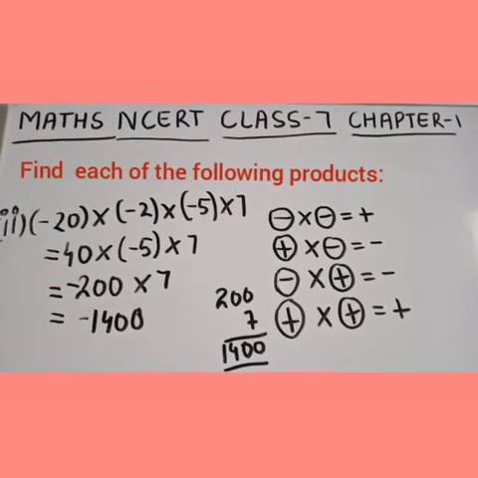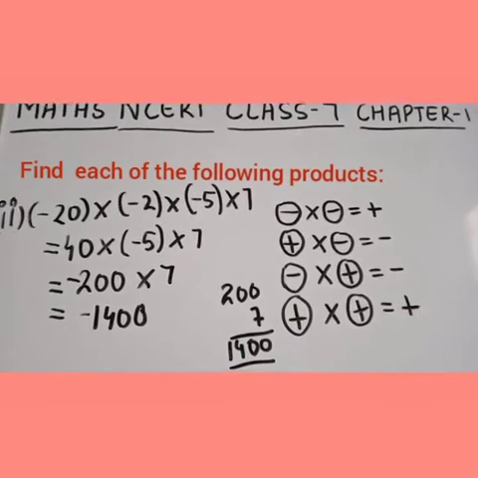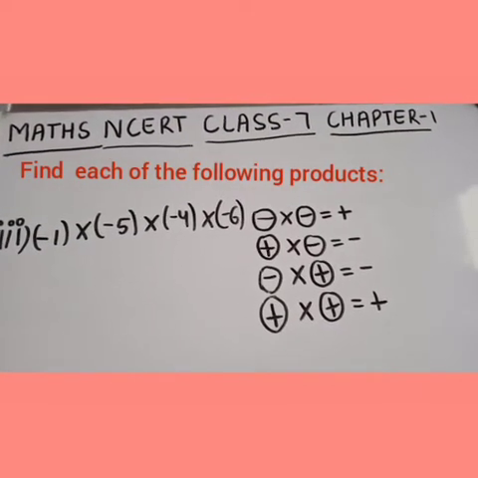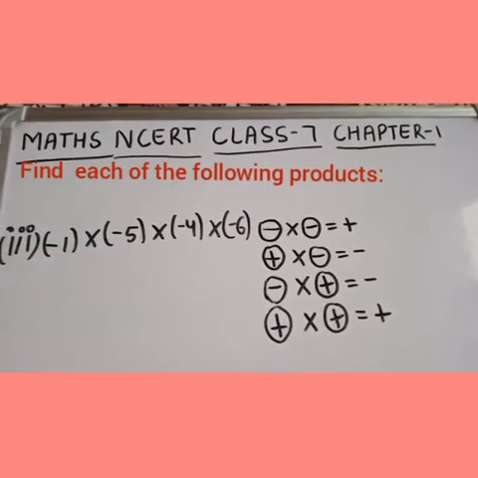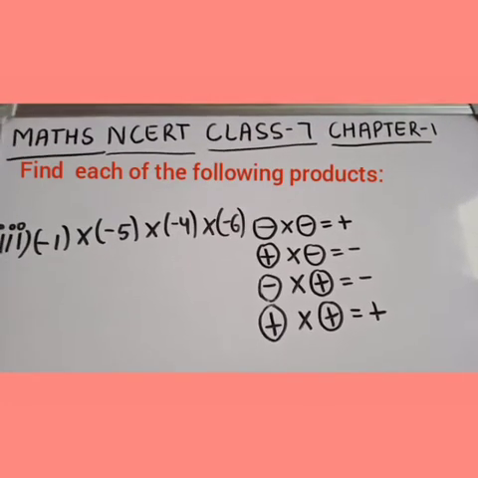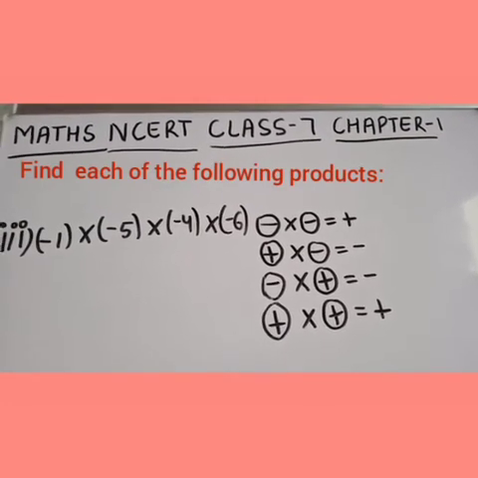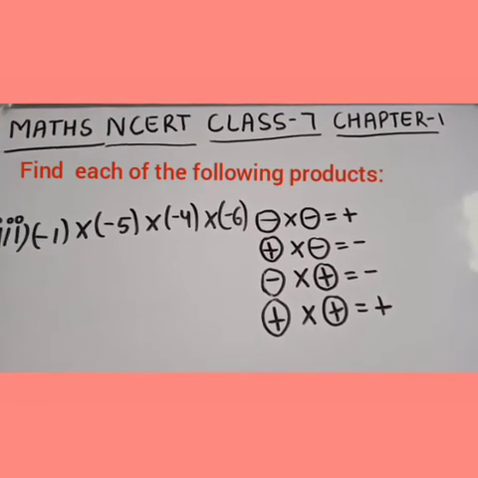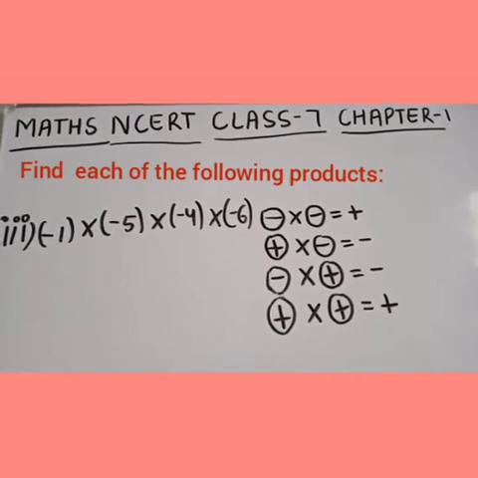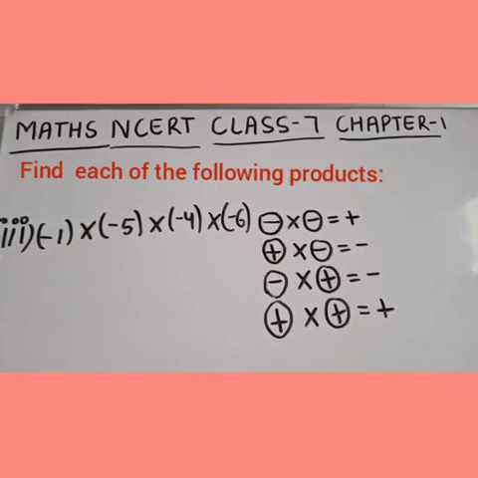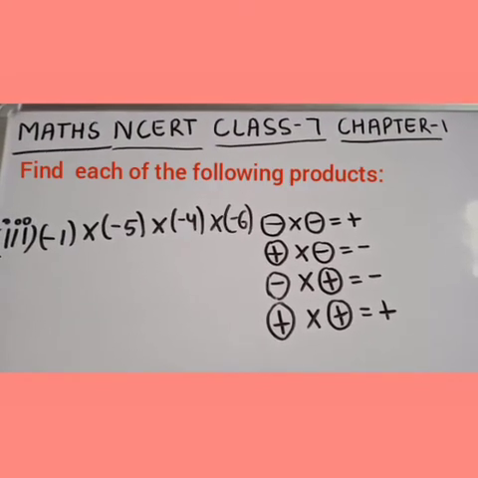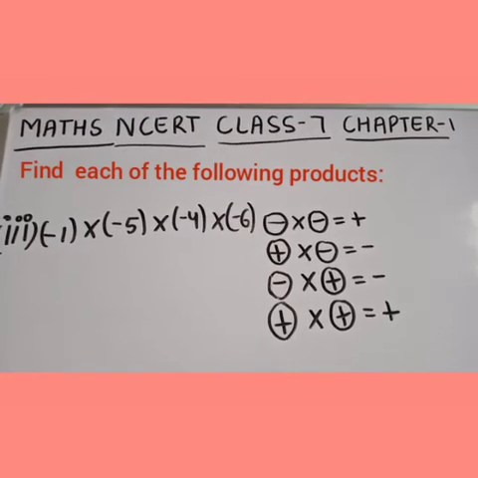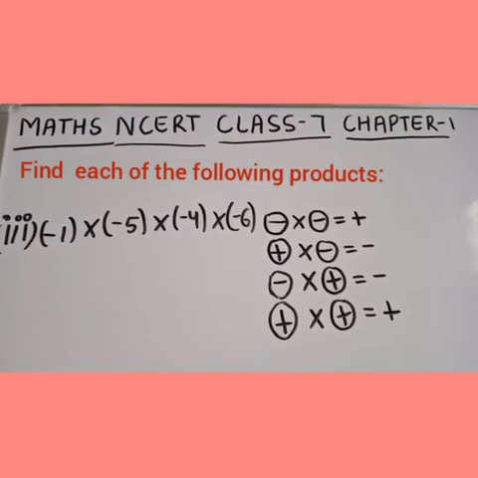Now let's come on to the third example. Now the third part says minus 1 into minus 5 into minus 4 into minus 6. Now again, like we have done the previous two parts, in the same way we will do this third part. Now let's start by multiplying the numbers and ignoring the signs.